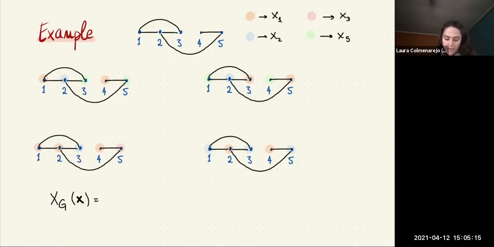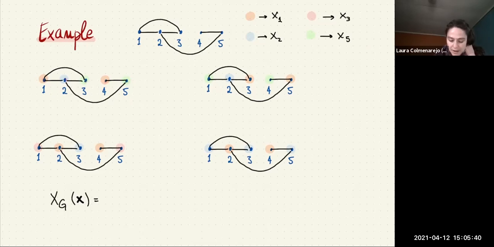So what I have done here, I'm taking this graph with 5 vertices, and I'm going to take 4 colors. I have denoted them with x1, x2, x3, and x5, and I have different colorings. So if you think about the first one, what I'm keeping here is the numbers associated to the colors.